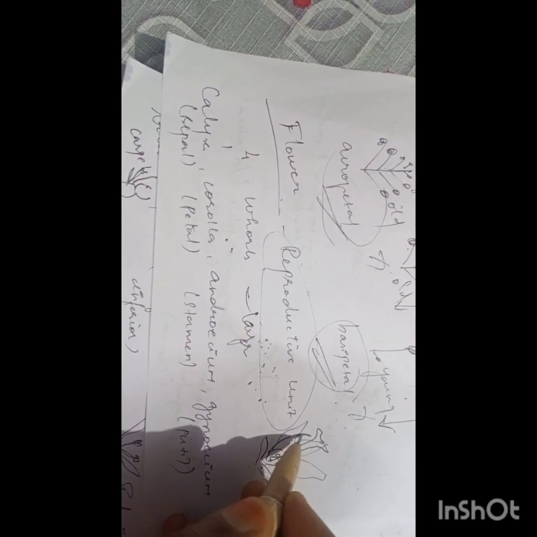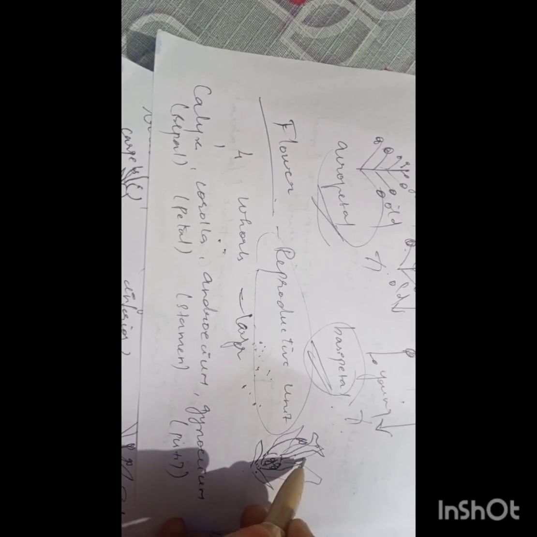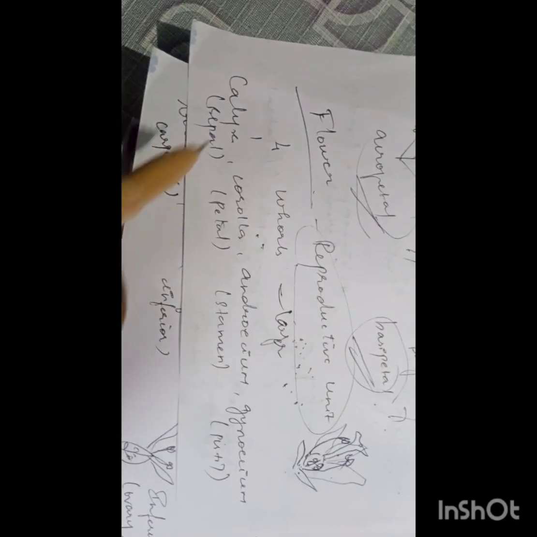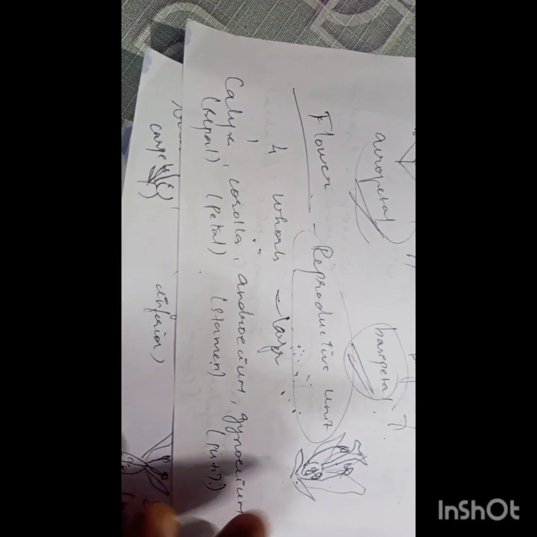So this is the female part, and here you have the stamen, which is the male part. So sepals, petals, stamen and pistil.